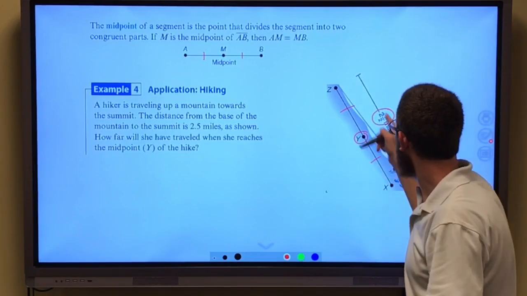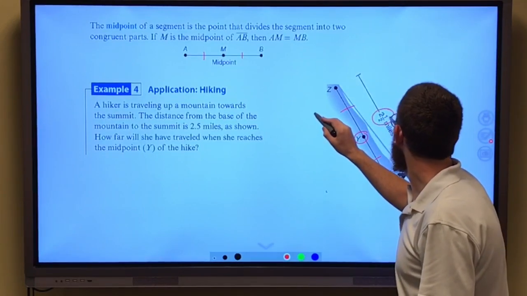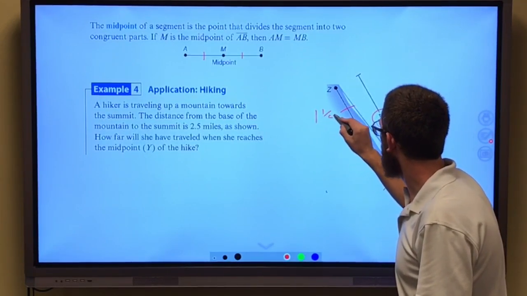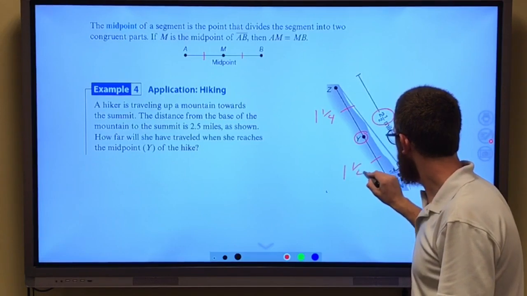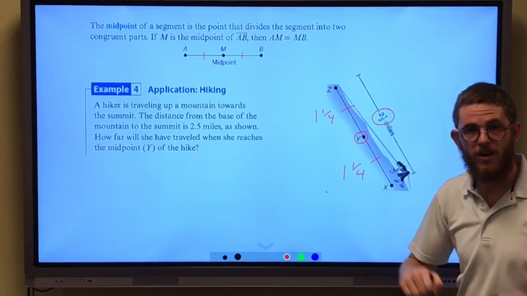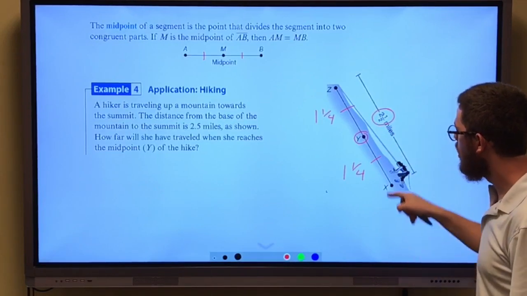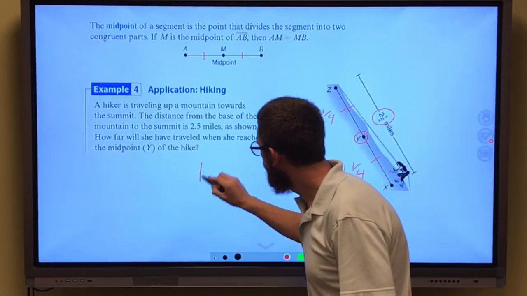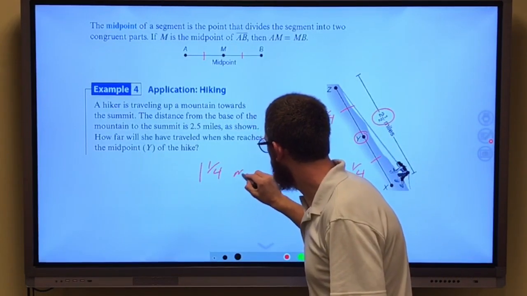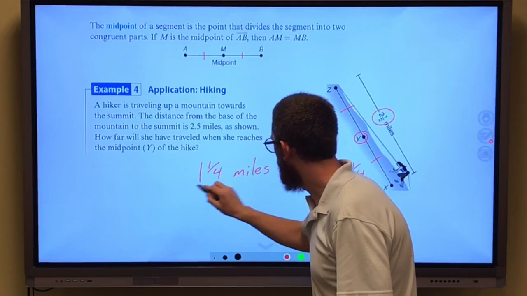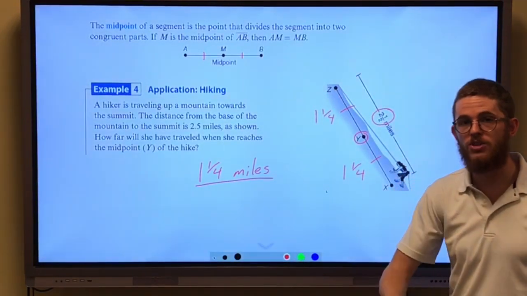Okay, 2.5 split in half would be 1 1/4 and 1 1/4, because we divide it in half, two congruent parts, they're going to be equal, that make up that whole, and so she will have gone 1 1/4 miles when she gets to the midpoint, which is halfway.